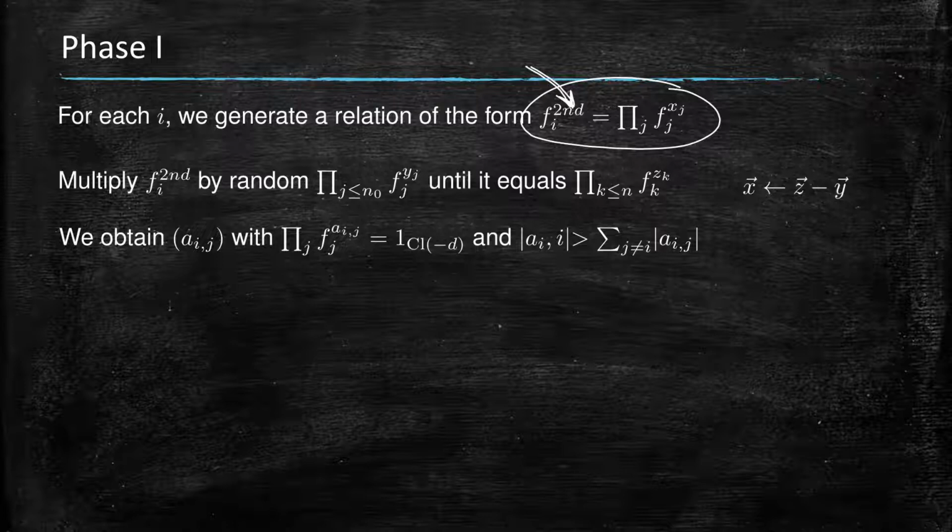How do we do this? We just multiply it by random products that are defined by short vectors here, until it's equal to a product of the f_i's. Then once you have that, the x that satisfies this property is just given by the difference between what you had on the left-hand side and what you had on the right-hand side, so the vector z and the vector y.